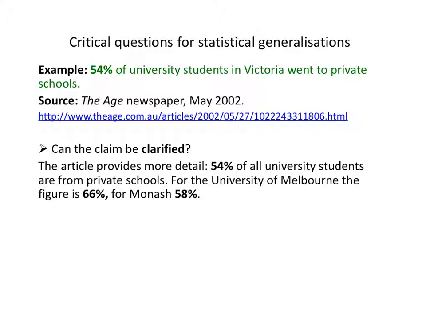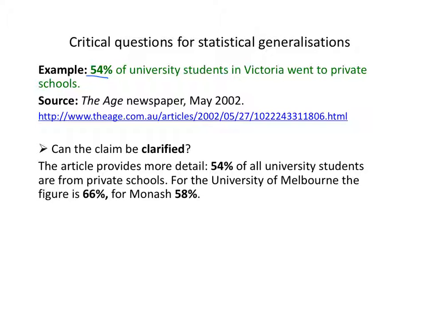The first question you'll remember was, can the claim be clarified? Can it be made more precise? And the answer to that question in this case is yes. If we read the article in more detail, we find that in fact 54% of all university students in Victoria went to private schools.